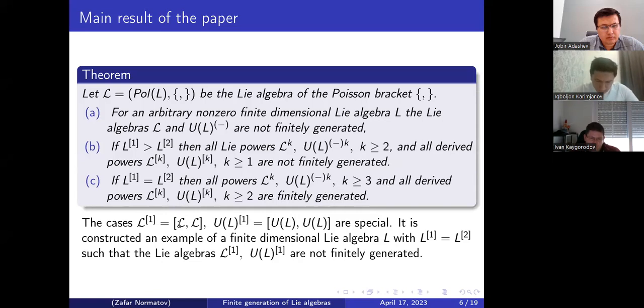So the following cases are special, and in the paper they construct an example of a finite dimensional Lie algebra with this condition, such that these algebras are not finitely generated. And they showed a sufficient condition for being finitely generated.